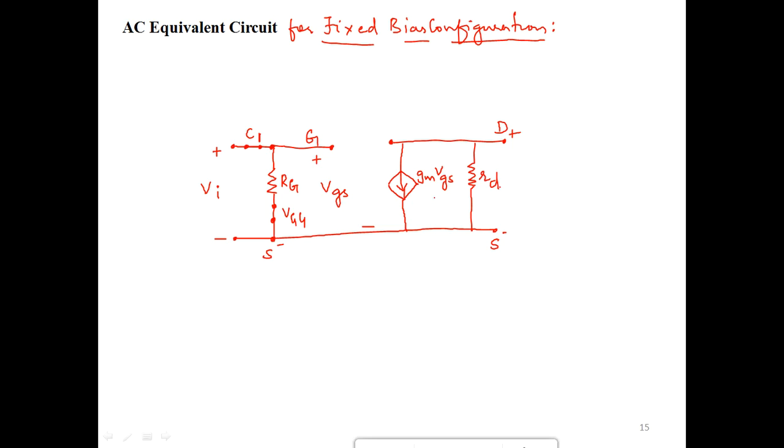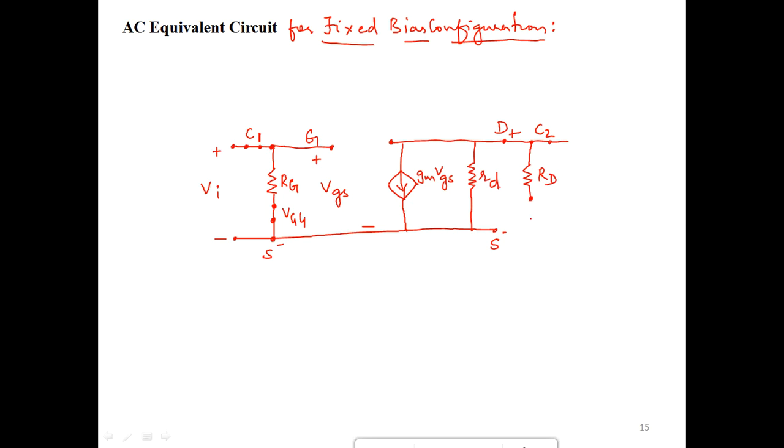Now coming to the output side, what do we have at the output side? Again, at the output side we have a capacitor C2, so this has to be replaced by a short circuit. And in parallel we have a drain resistor which is represented by the symbol RD, capital RD.